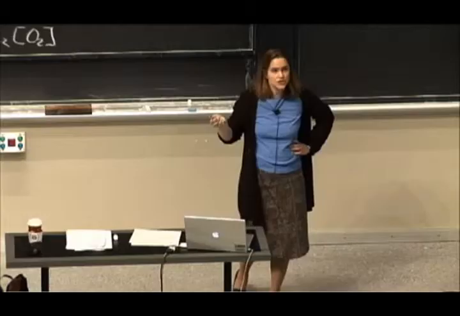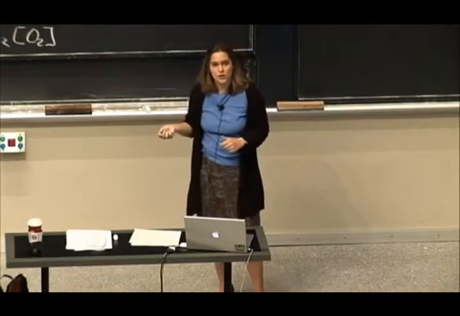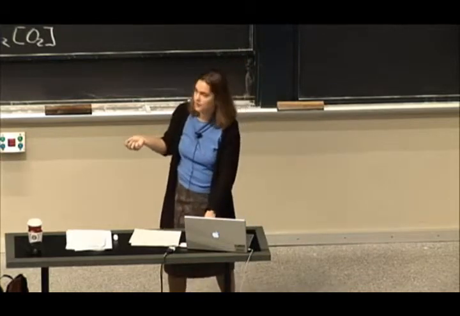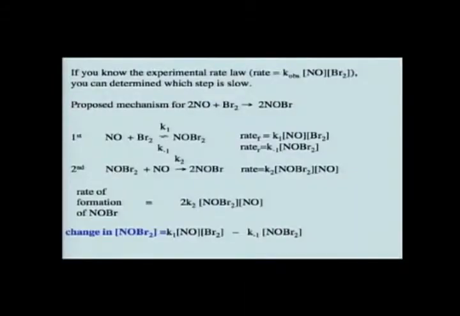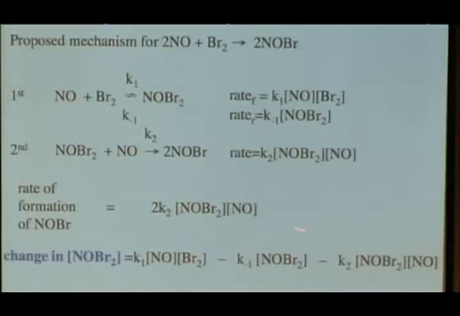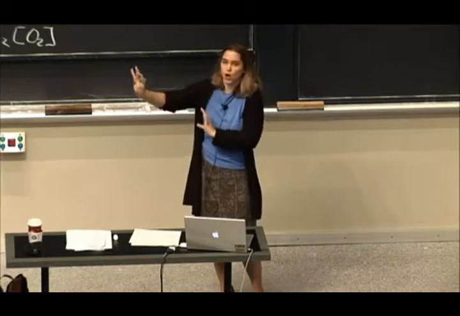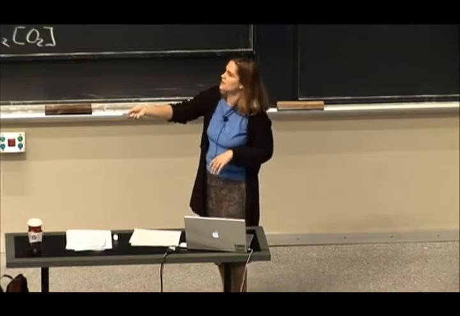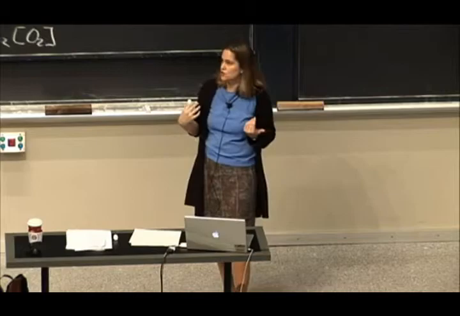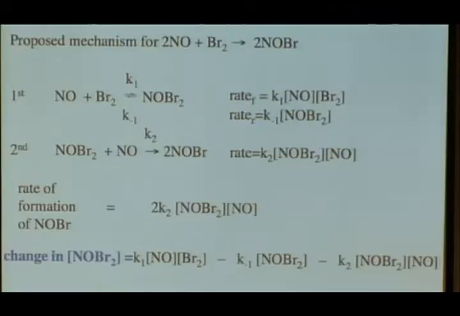And the intermediate is also being consumed, decreasing its concentration, in this second step, with the rate constant k2 times the intermediate times NO. So this is how we write it if we don't know anything about what's slow and what's fast. This will always work. That's the overall change in the concentration of the intermediate: how it's being formed, decomposed, and consumed.